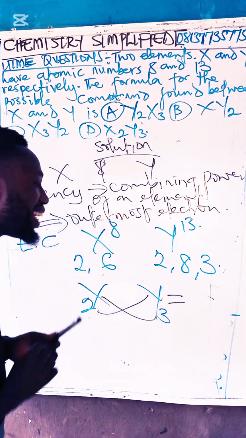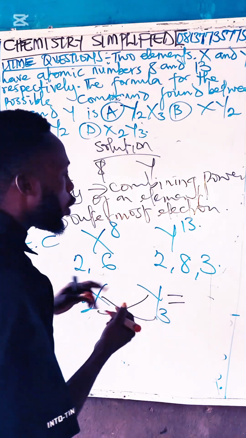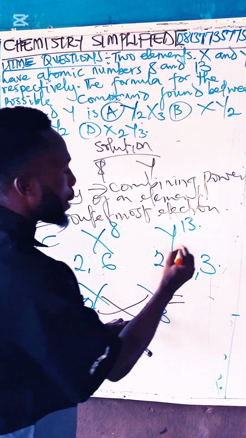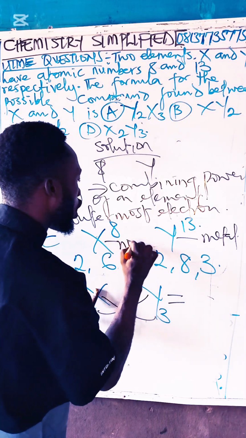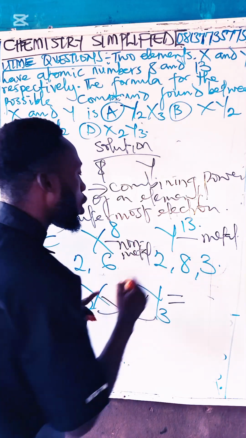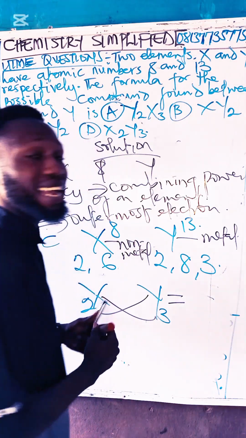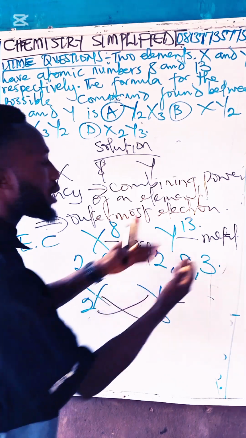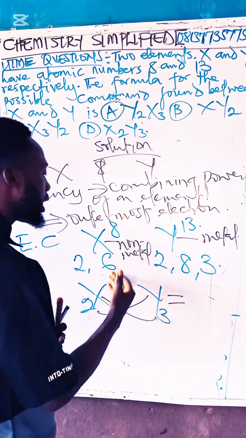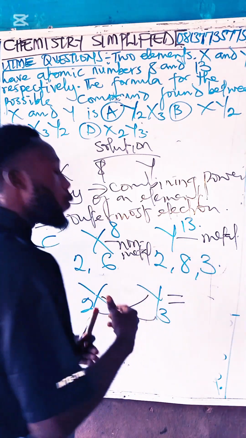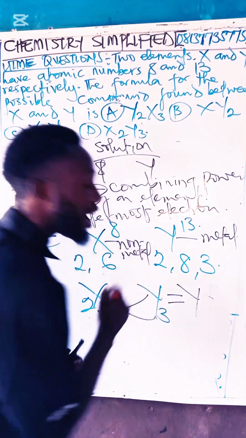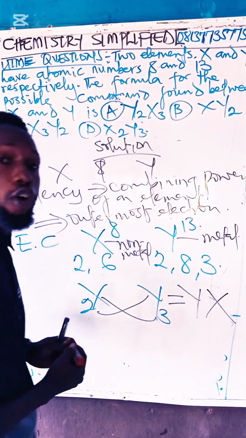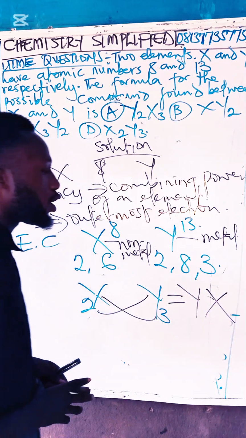Another thing here is this. After you have known that element Y is a metal and element X is a non-metal, if a metal and non-metal combine in chemistry to form a compound, you write the metal first, then the non-metal is attached to it. Do you understand? So we have Y first, then X follows, the metal, then the non-metal.